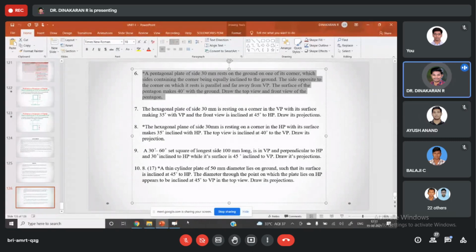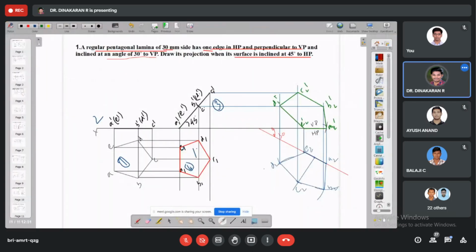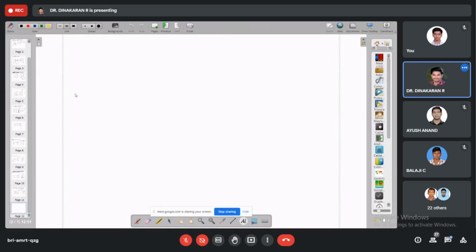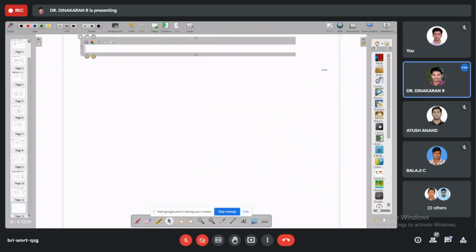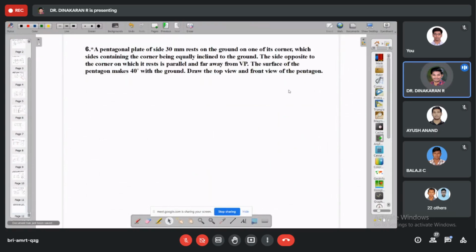So what geometry is given? It is a pentagon. You know very well that this is a pentagon. Side, how much is given? Say, 30 mm is given. And where is it resting, on VP or HP?